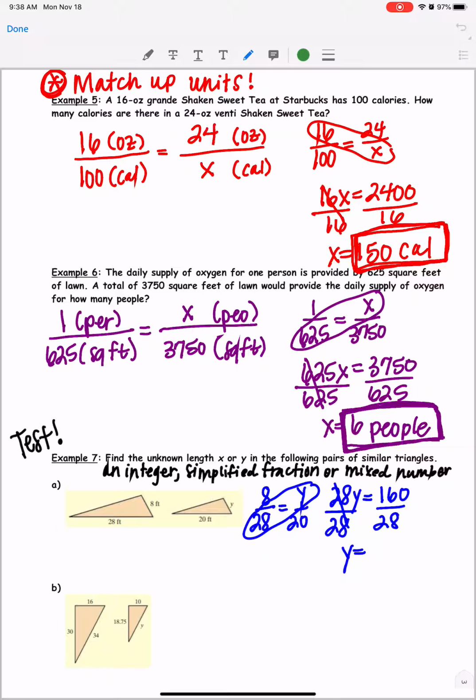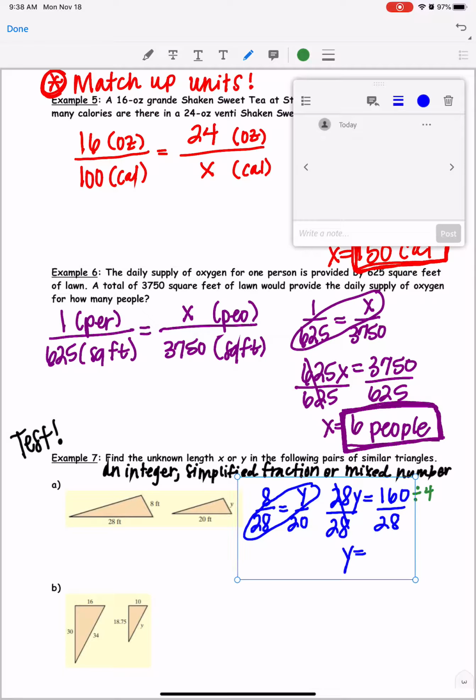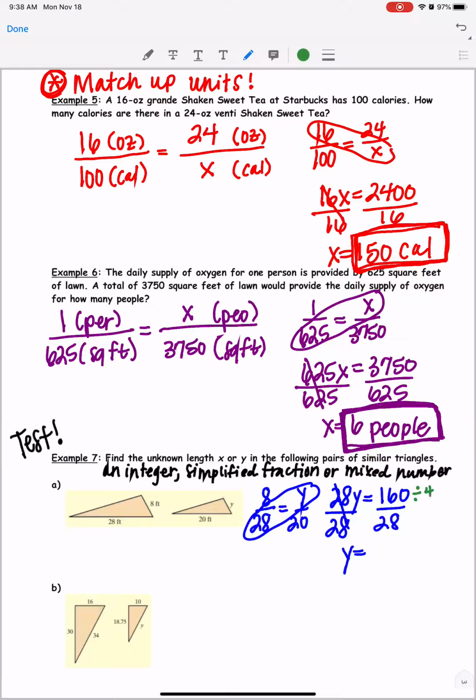So simplify. We've got 160 divided by 28. I do know those are both multiples of 4.